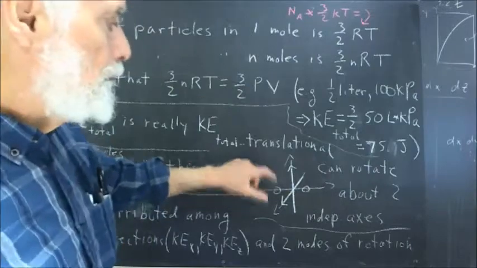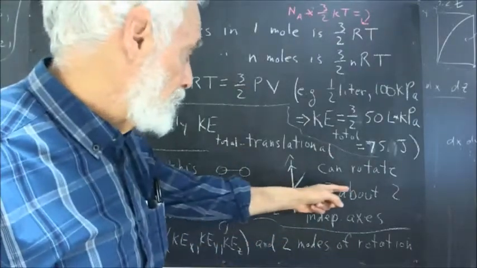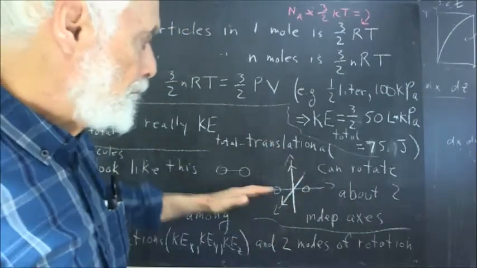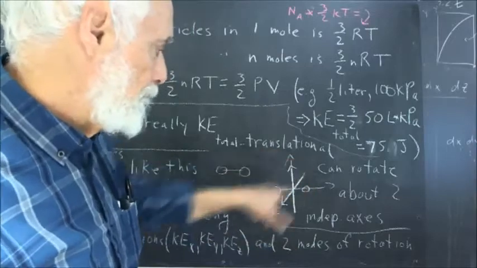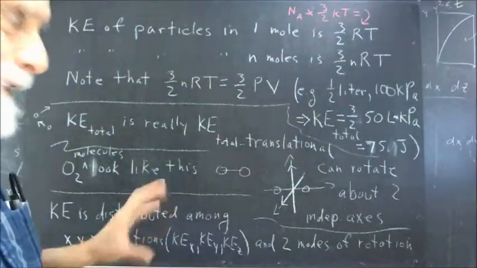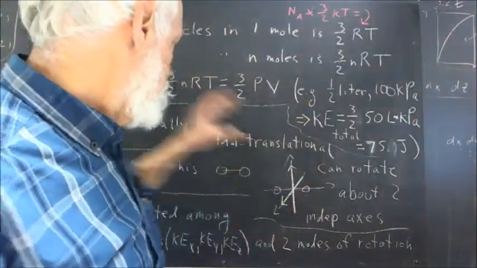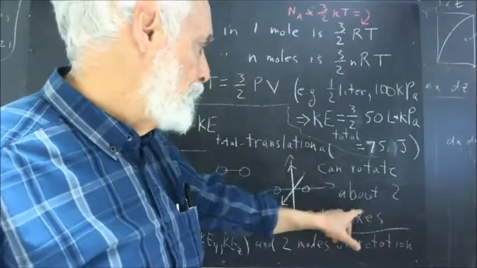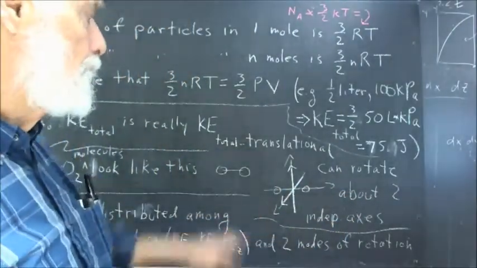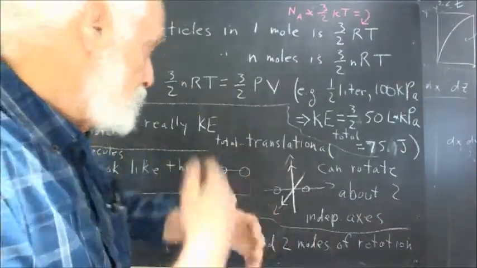We can't have a rotation of that dumbbell-shaped molecule about this axis, but we can about the two axes perpendicular to this axis, the two independent directions perpendicular to the direction of this axis. And we could really go into much more detailed explanation, but what we see is that the molecule can rotate about two independent axes. We can't have rotation about this axis. The molecule can't really spin like this, but it can rotate like this.